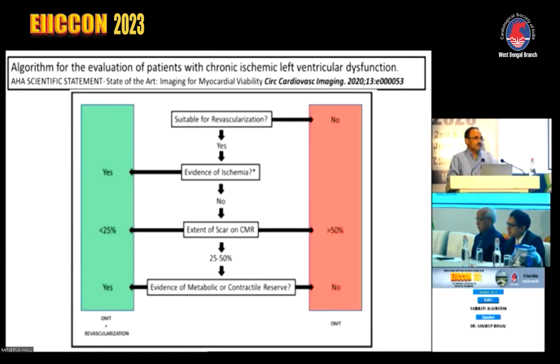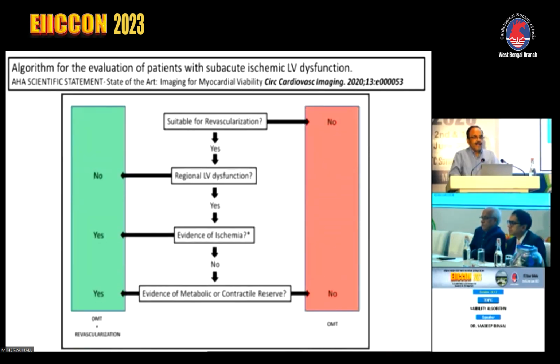If the scar is more than 50%, but less than 75%, you look at the contractile reserve. If the contractile reserve is present, then you revascularize the patient. If the contractile reserve is not present, then you leave the patient alone. And this is in subacute left ventricular dysfunction.